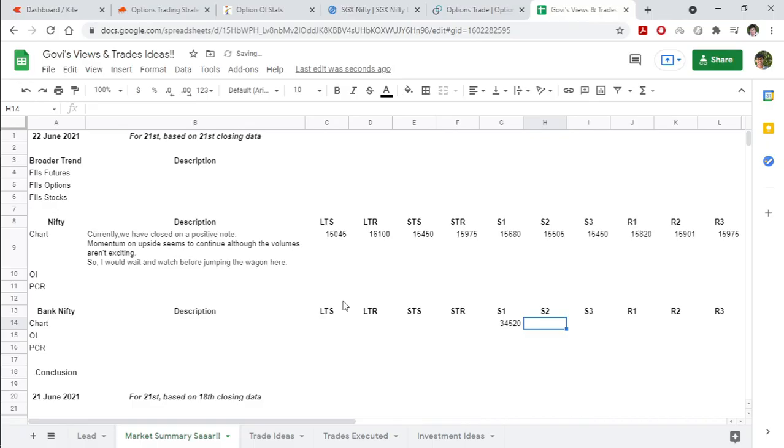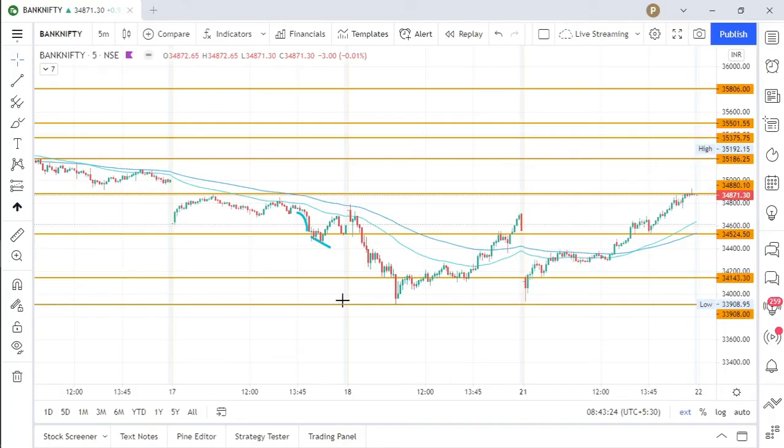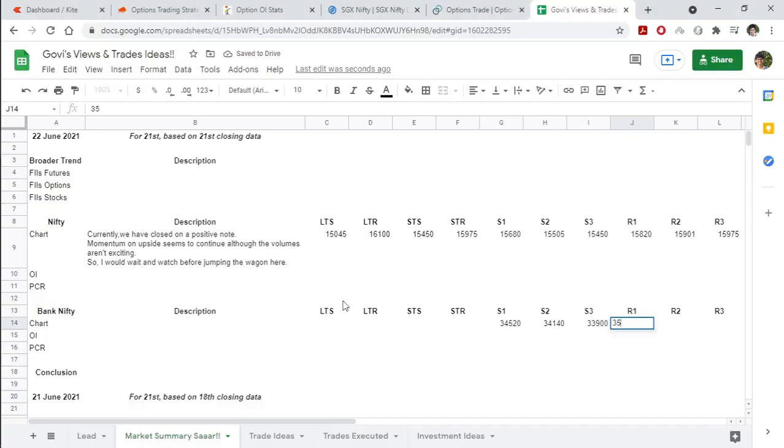Support 2 would be 34,140, then 33,900, and on the resistance side the 35,180 zone, then 35,380 and 35,500, and then 35,800.